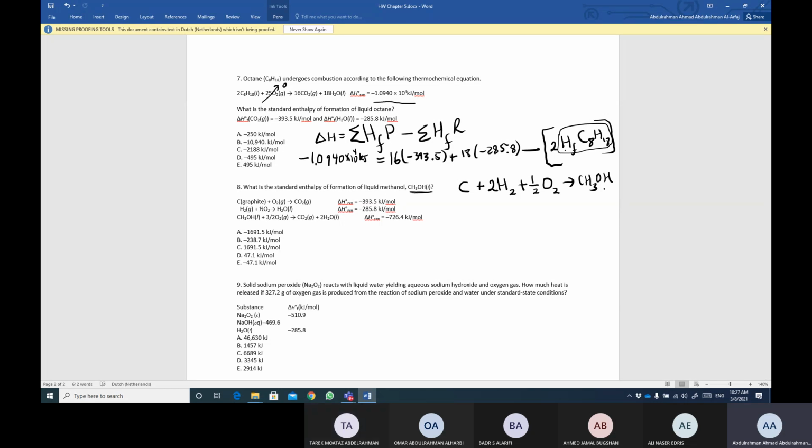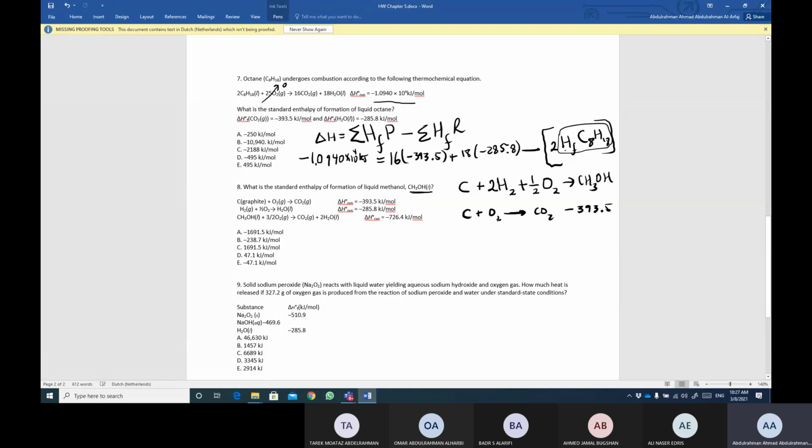Can you make it from these three equations? What are you going to do with the first one? Keep it as it is. C goes to CO2, and this is minus 393.5. Very good.